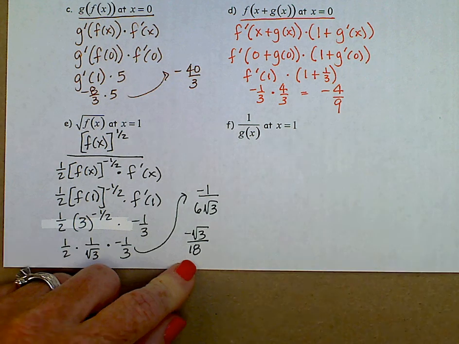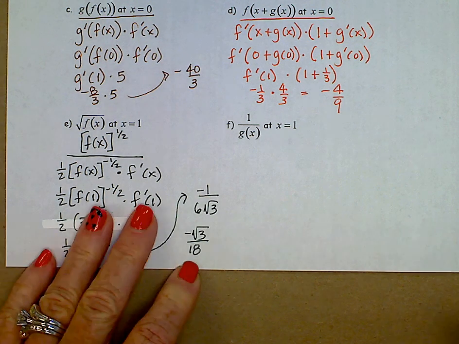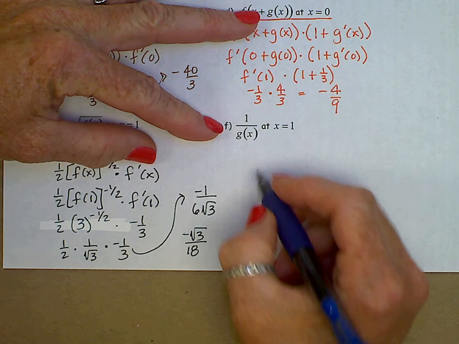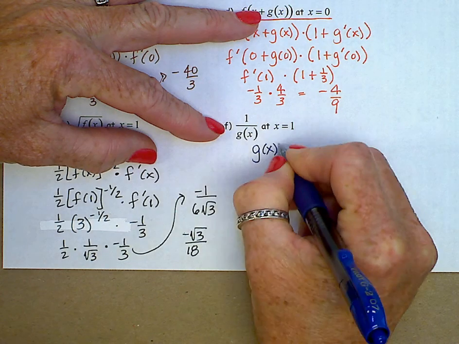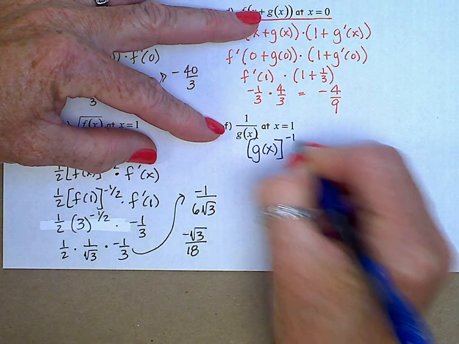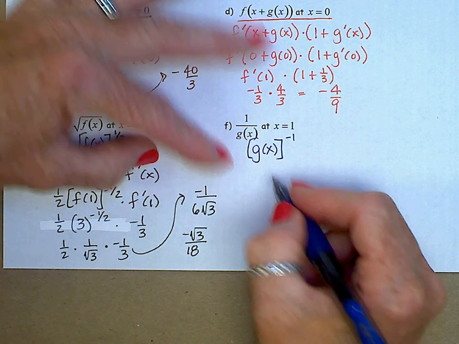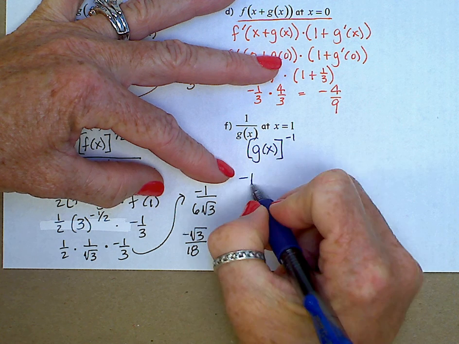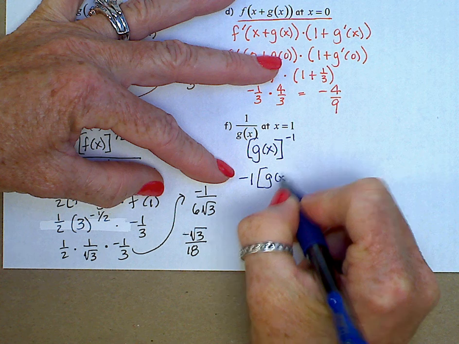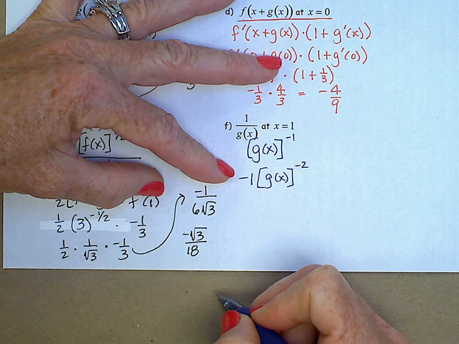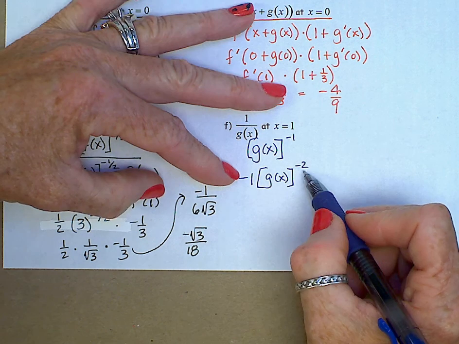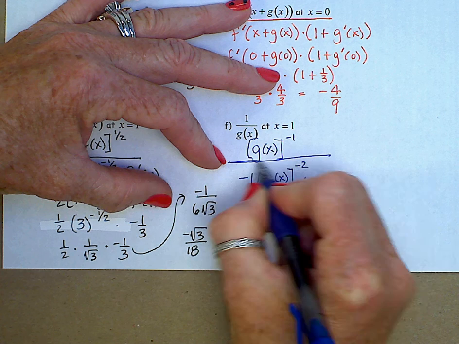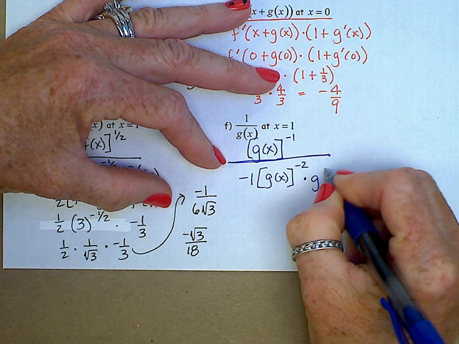One left for this page, rather, I should say. Let's rewrite this and get rid of the quotient rule here. Can we think of this as g of x to the negative 1? Now we purely have a chain rule here. Start on the outside, pull that negative 1 down, subtract 1 from the exponent, gives us a negative 2 here, times the derivative of the inside, g prime of x.